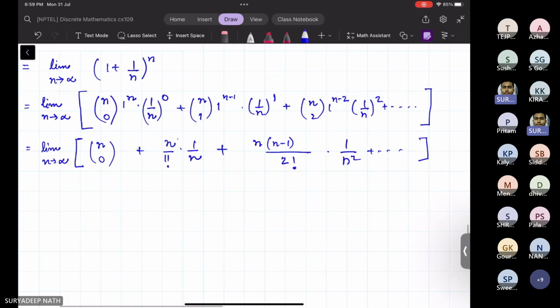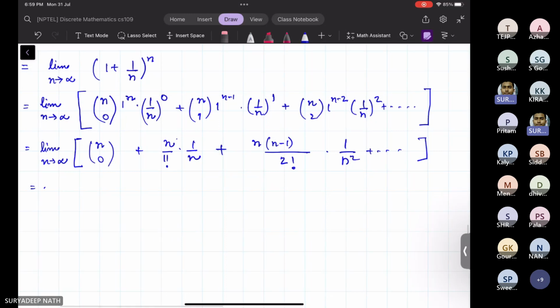Now, if n is very large, n choose 1 times 1 over n is 1. Here your n and n get cancelled, so this term becomes 1 over 1 factorial.